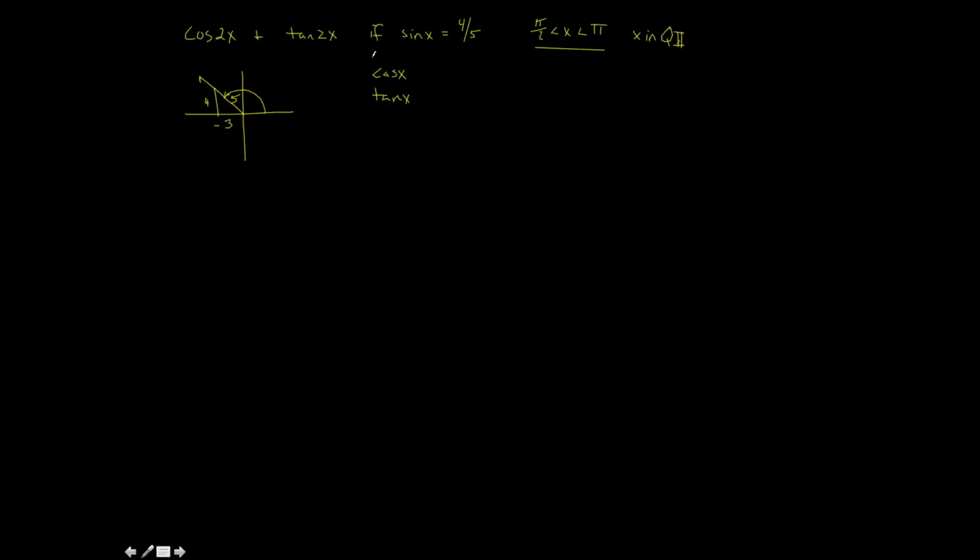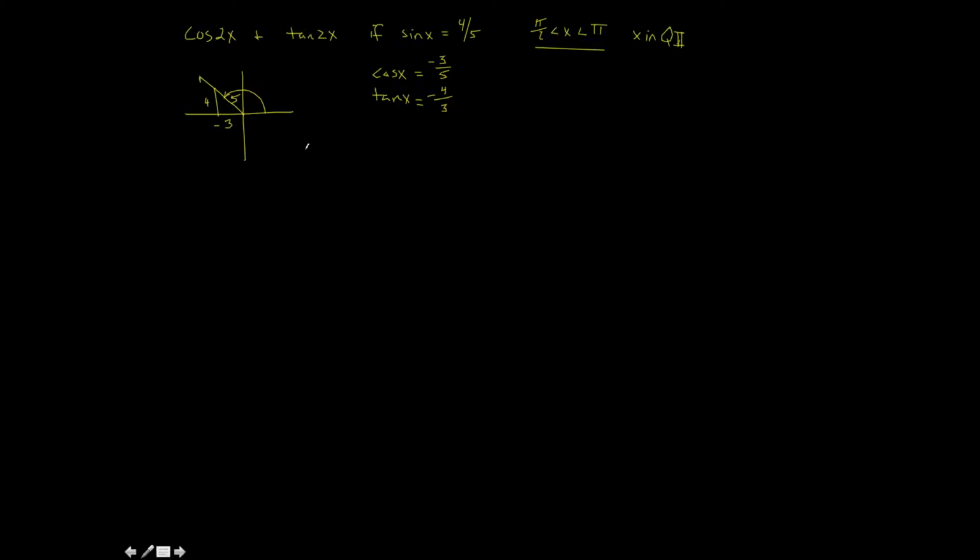So cosine is adjacent over hypotenuse. So we have negative 3/5. And tangent is opposite over adjacent, so that's negative 4/3 would be tangent.